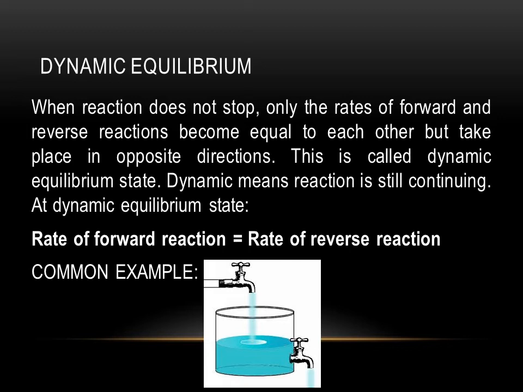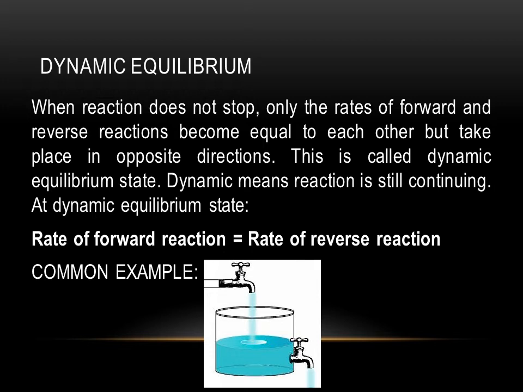Only the rate of the forward reaction equalizes the rate of the reverse reaction. This is called the dynamic equilibrium state. Dynamic means the reaction is still continuing. At the dynamic equilibrium state, the rate of the forward reaction is equal to the rate of the reverse reaction.